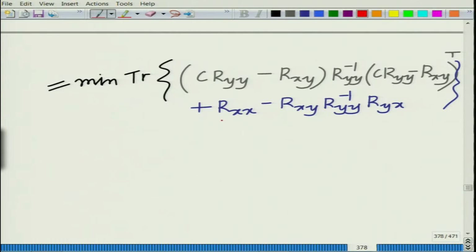Now you can see that this last quantity is a constant, in the sense that it does not depend on C. Remember, we are trying to find the best C that minimizes the mean square error.